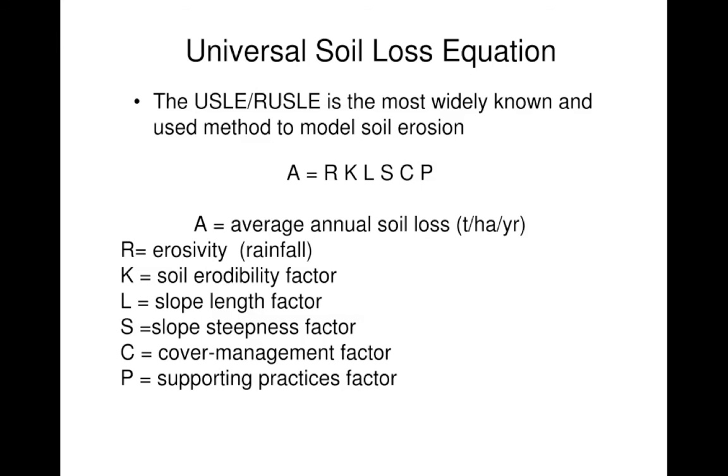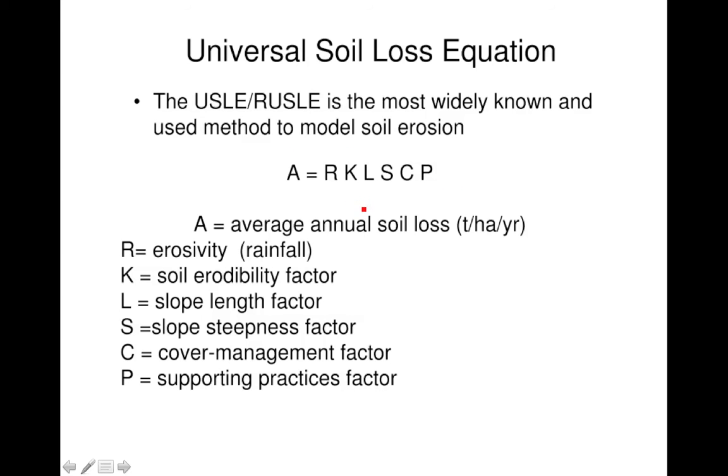And here's an example of the universal soil loss equation, USLE. They have an estimate for the average annual soil loss in tonnes per hectare per year. And again, all it is is just a bunch of numbers multiplied together. You've got an erosivity number, an erodibility factor, a slope length factor, a steepness factor, a cover management factor, and a supporting practice factor. And this has no physical basis.